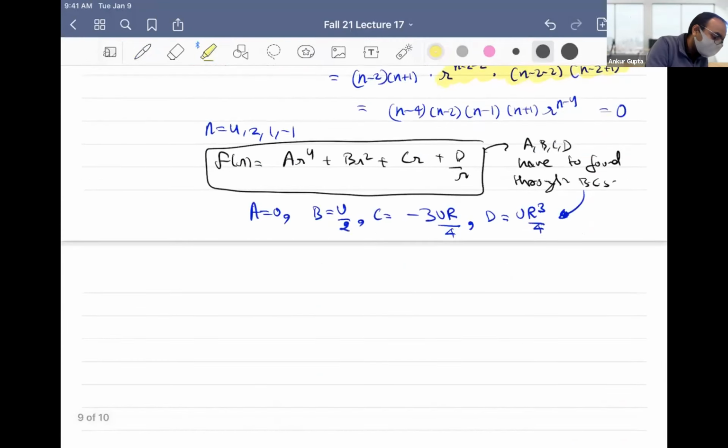So finally, all of this hard work then gives us psi of r, theta.